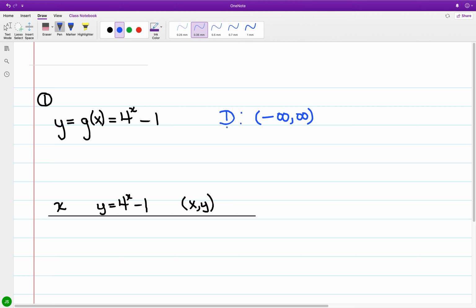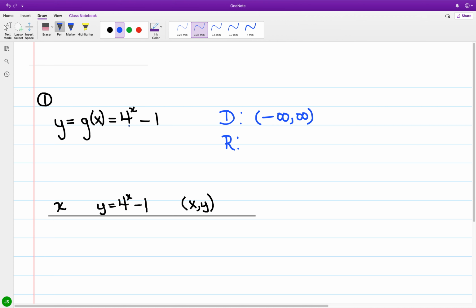Now, the range will be in reference to the set of y values. If I have 4 to a negative power, or 4 to the 0, or 4 to a positive, the results will always come out positive. And the smallest amount that 4 to the x can be, like 4 to almost negative infinity, is just the reciprocal of 4 raised to a positive power.